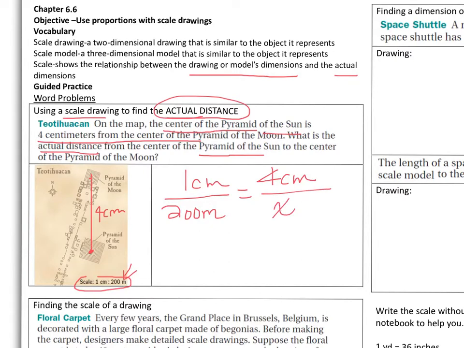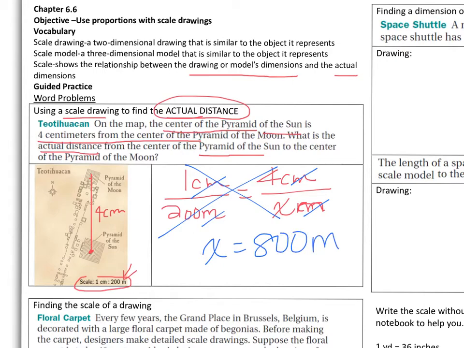X here is, I'm going to write meters, because the actual distance is measured in meters. And now we can cross multiply, because there's nothing to simplify. We'll cross multiply, and we can cancel out our units, because we don't really need them in our calculation. X would just be equal to 800 meters.